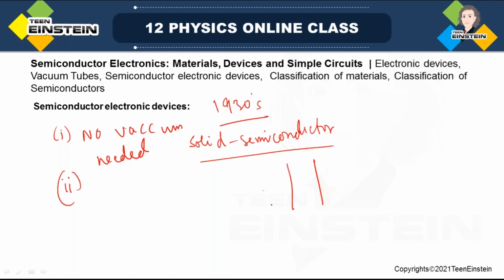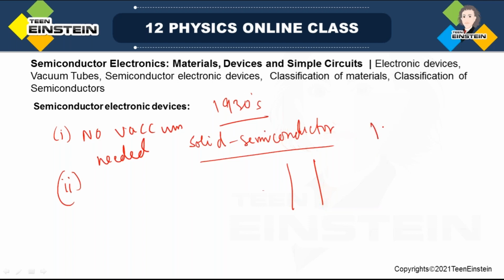Okay, in case of semiconductor, to make a charge carrier or to increase the charge carrier, you simply need to make light incident, or you just need very small heating to produce charge carriers, simply charge carriers.